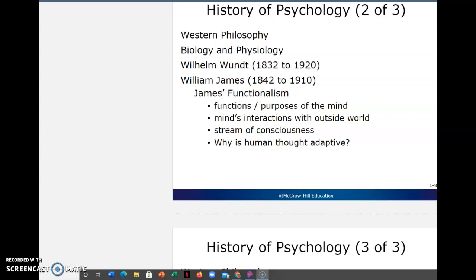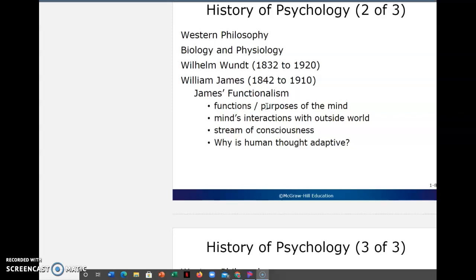So he was focused on human interactions with the outside world and the purpose of thought. If structuralists were asking the what of the mind, functionalists were asking the why. So we've got the what of the structuralist and the why of the functionalist.